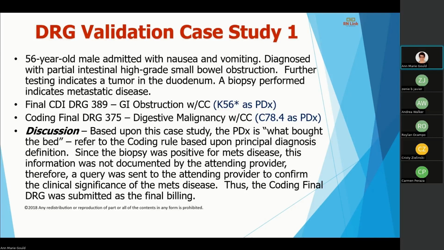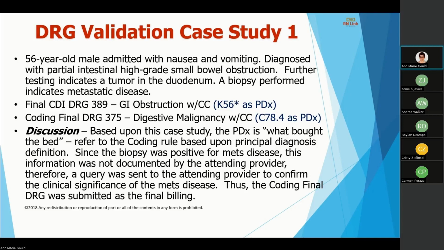Thus, the coding final DRG was submitted as final billing, okay? So we sent a query because, oh, they got a biopsy, they had the path report, it's Mets disease. We want to confirm that they agree with that path report. And that's why CDSs will send a query to the provider to say, hey, do you agree with that path finding of metastatic disease for this patient?